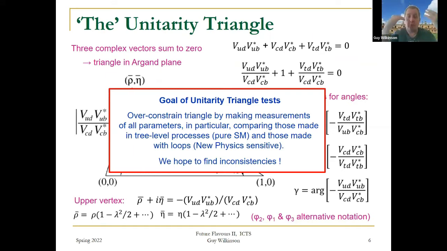So we can do two things. We can measure the unitarity triangle as a whole, all of the parameters, just to check for overall consistency. But a more refined study is to compare observables and parameters of the triangle measured in tree-level processes with those made in loop-level processes. And of course, we hope to find inconsistencies. This is why we do it.